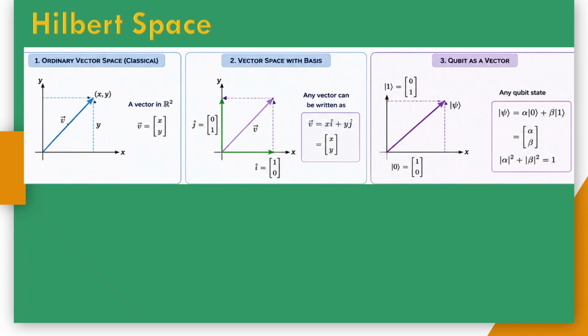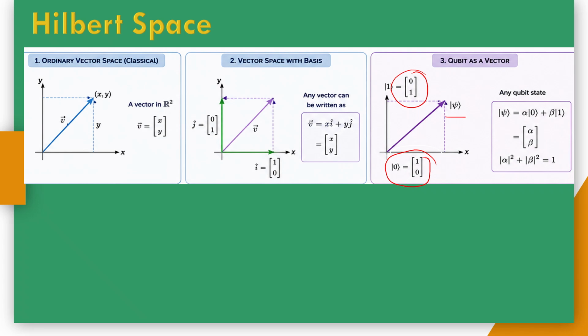Coming to the analogy diagrammatically, this is the ordinary vector like in classical theory. This is a vector space with basis. Here it is simply xy, that is x i plus y j. Our intention is to represent a qubit, with state 0 here and state 1 here.